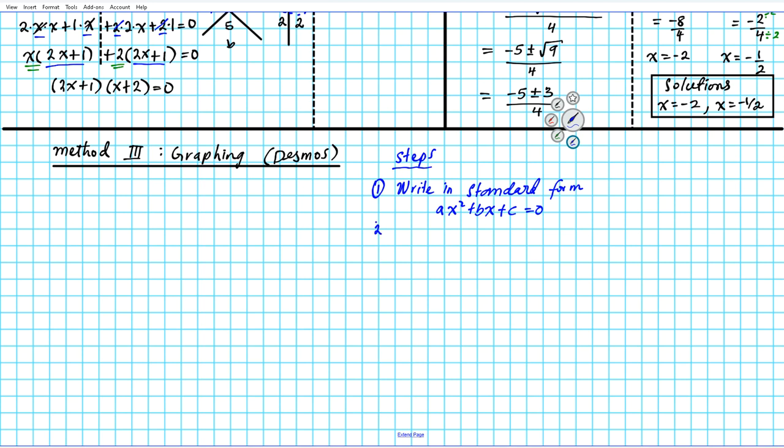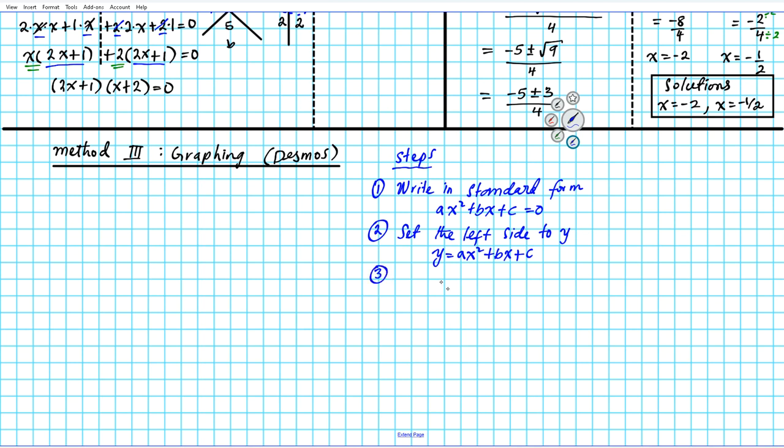And then step 2, you set the left side to y. So basically you have y equals ax squared plus bx plus c. So this is the related function of your quadratic equation in standard form.